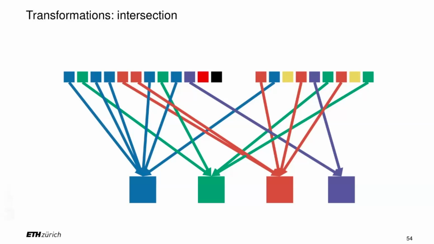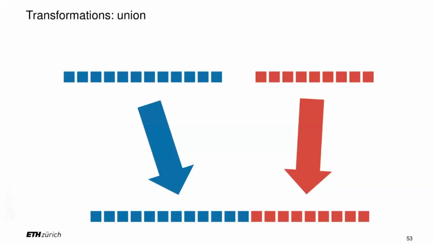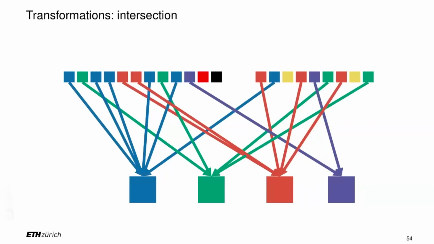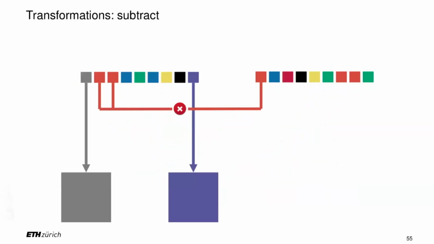The red and black ones on the left are also not in the output, right? So this is intersection. You notice, again, this is spaghetti, right? It goes all over the place. So there will be some shuffling in there in the physical layer. This doesn't have any spaghetti, right? The union is just straightforward. You will see there is an official name. They don't actually say spaghetti. There is a fancy name for that.